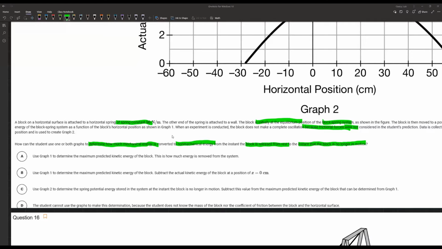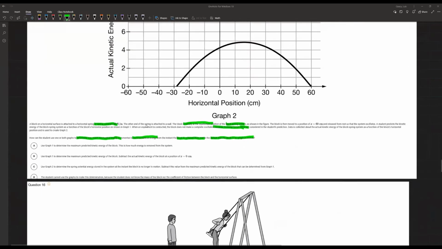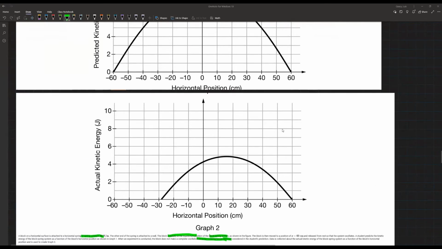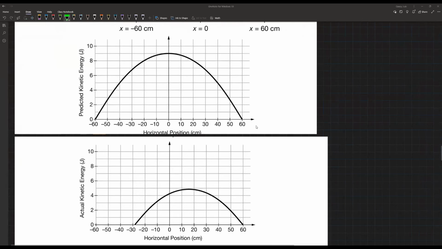All righty, we'll go ahead and call it here. So the idea is, because there's going to be transitions in potential and kinetic energy, we really want to compare maxes and minimums. So for instance, we know that we should have 0 joules of kinetic energy when we release it from rest.